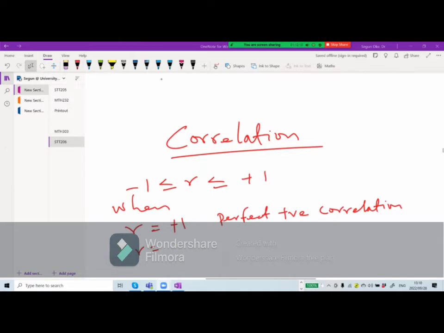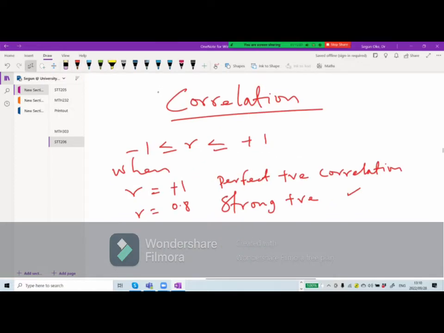When your R is less than 1, probably 0.8, 0.9, from 0.9 downward, we can say we have strong positive correlation. But anytime it's less than 0.5, from 0.4, 0.3 down to 0.1, then we have weak or moderate positive correlation. Some people call it moderate.